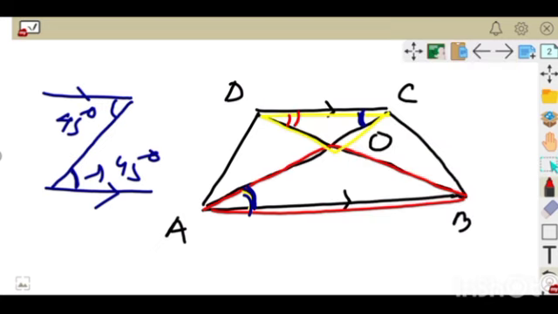This angle D, and this angle B. I mean CDO and ABO. These two angles are again equal because alternate angles. That's how we're going to prove that triangle AOB and COD are similar. By what similarity? By AA similarity.